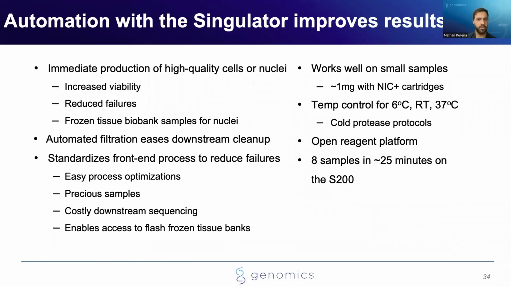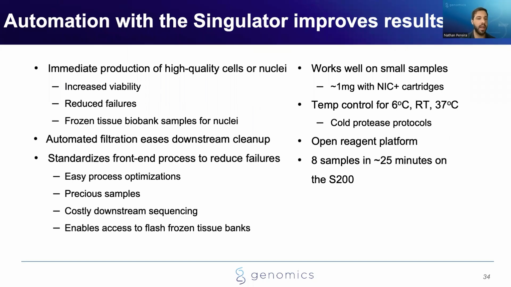So again, some of the benefits of the Singulator for cells or nuclei are going to be high viability and reduced failures. Everything's going to be behaving the same time, no training or less training. Plenty of ease of optimization.